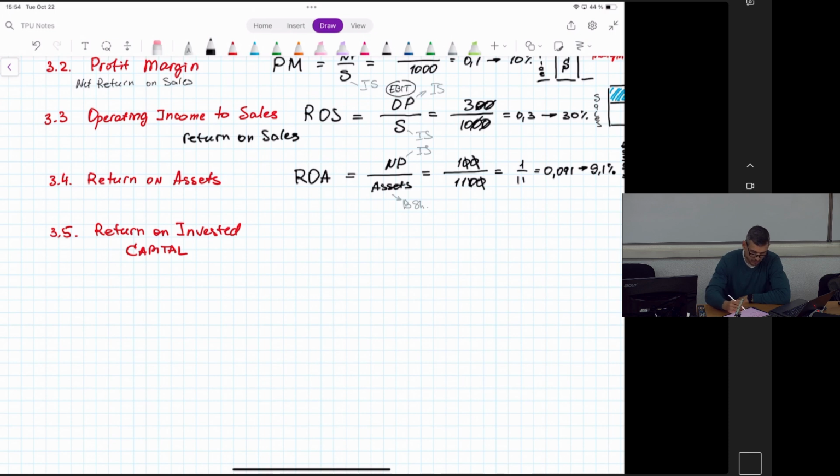Let's put together the abbreviation. It will be ROIC. Return on invested capital. In this case, we understand that the base will be our invested capital.